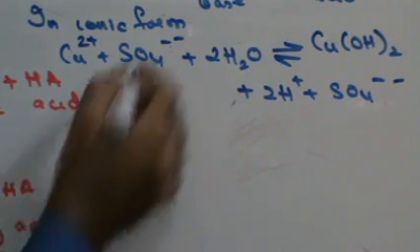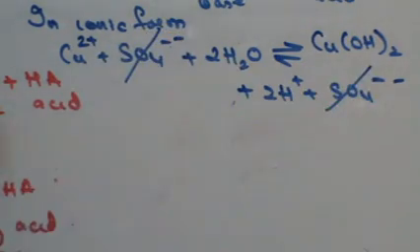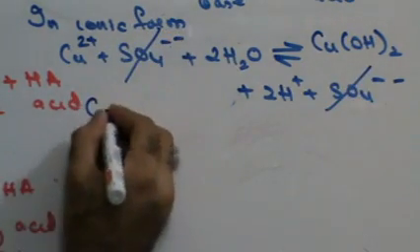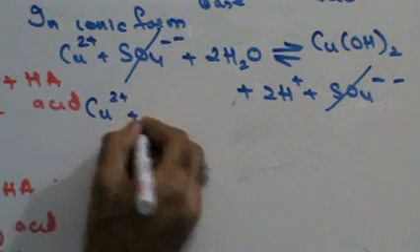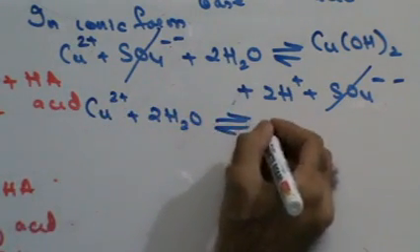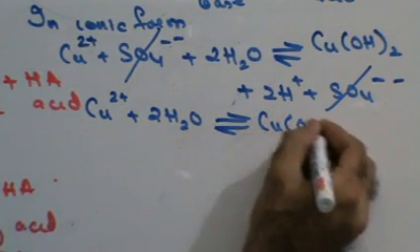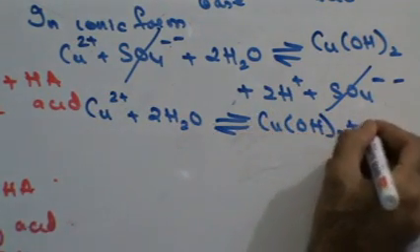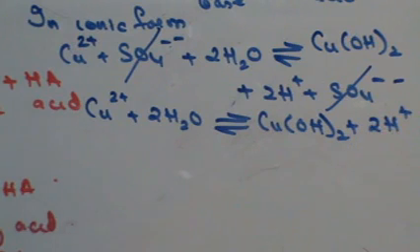Now cancel the like terms, sulfate ions get cancelled, so you will get Cu2+ plus water. This is my net reaction, which reversibly gives you Cu(OH)2 plus 2 hydrogen ions. On the right hand side of the net reaction, you have hydrogen ions present.